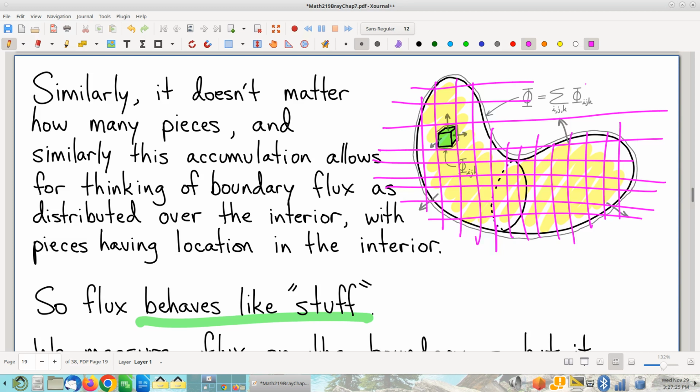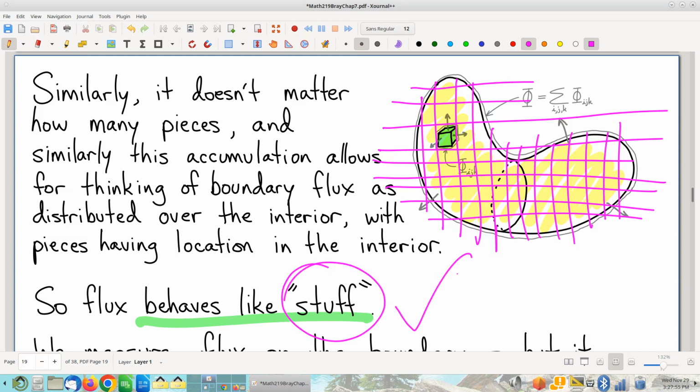And so how much is in this box? Well, whatever I got for looking at the accumulating quantity for this box, that's how much is in there. Just like with mass. And that's how mass behaves. Mass has a location, right? So I make the case here that any quantity that is intrinsically an accumulating quantity over solids has a location like mass, and therefore it behaves like stuff.